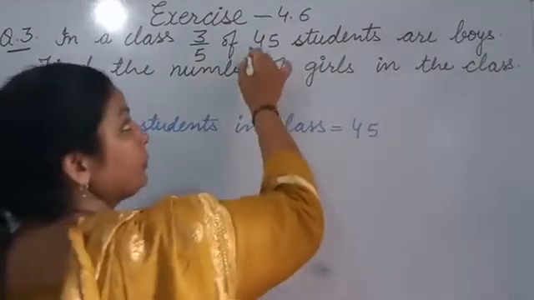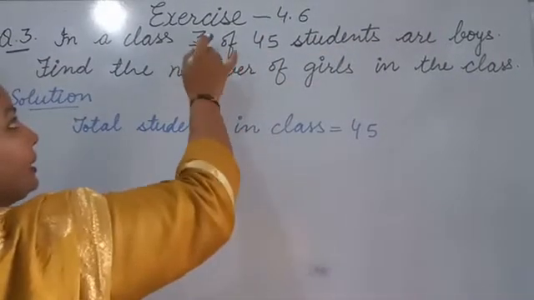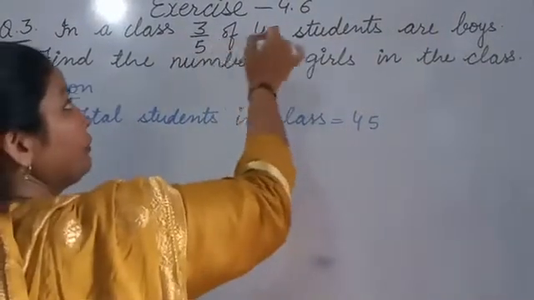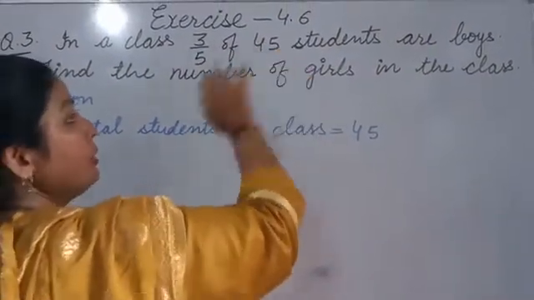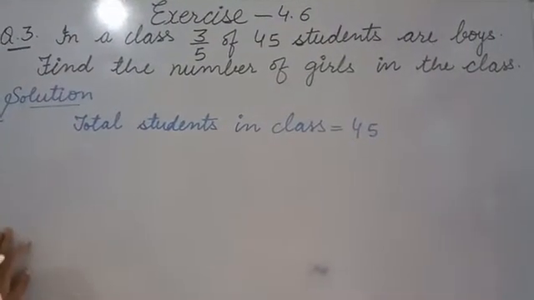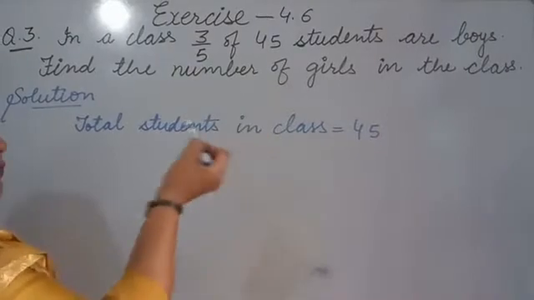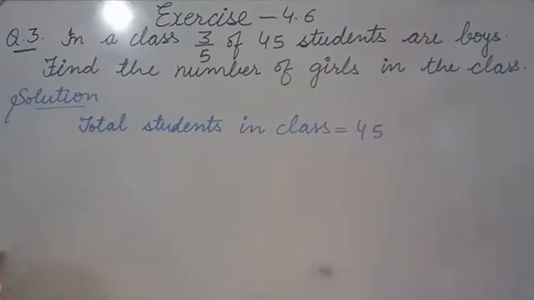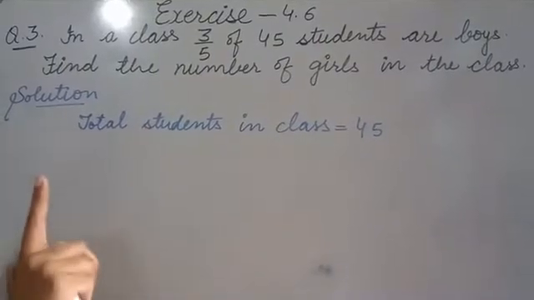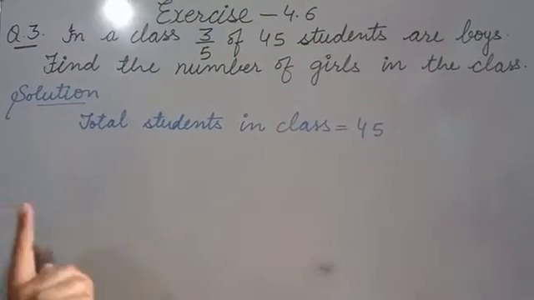There is given only total and there is telling that 3 upon 5 of total is boys. So if we know 3 upon 5 of total 45, so we can tell number of boys. We can find 3 upon 5 of 45. So that will be the number of boys. Now find the number of girls. So for girls we will do total minus number of boys.